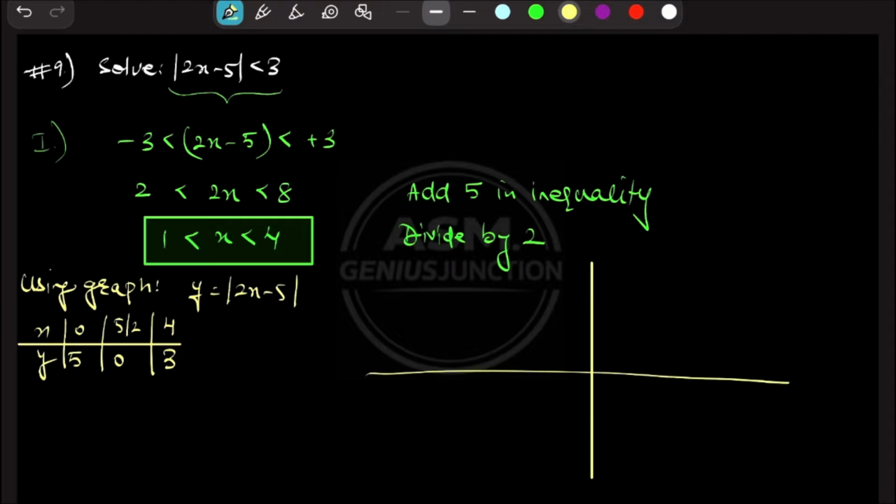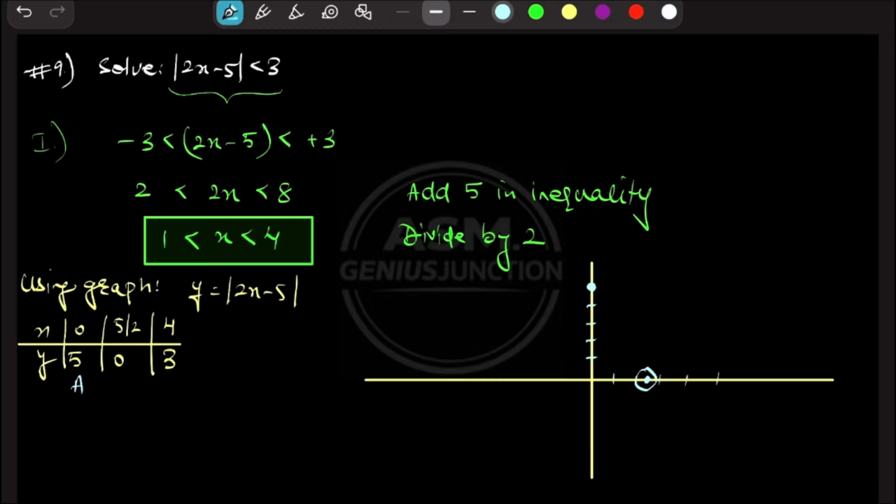So this is your x and y axis. Let's take the values. 0 comma 5: 1 2 3 4 5. So this is the first point, 0 comma 5. Next one is 5 by 2 comma 0. 5 by 2 is actually 2.5, so the point lies between 2 and 3.